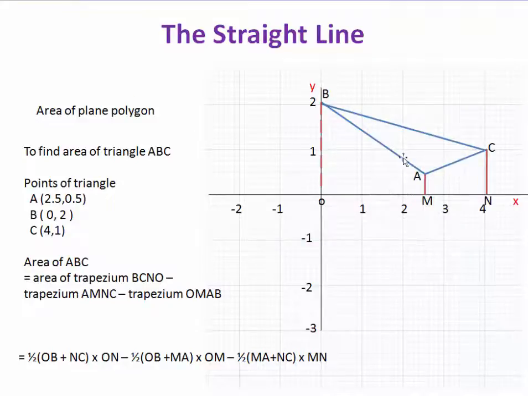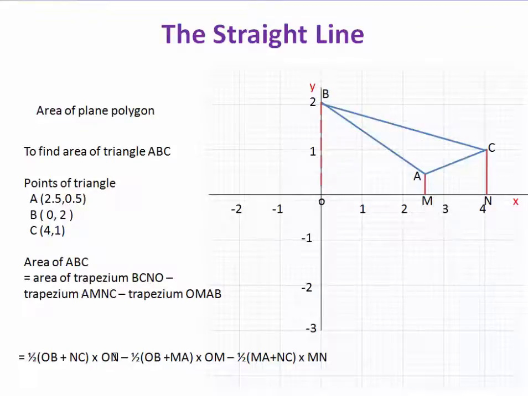So these two, we subtract these two smaller trapezia or trapeziums from this larger trapezium, B, C, N, O. And that gives us our area of the triangle.